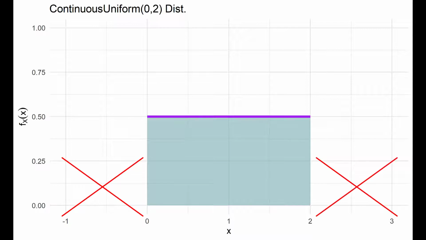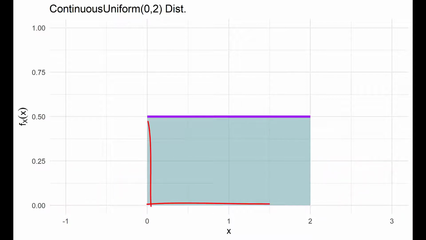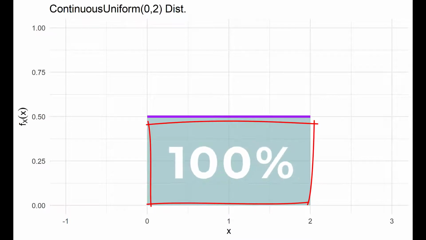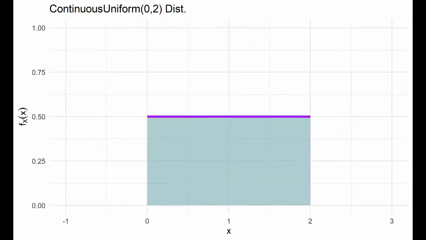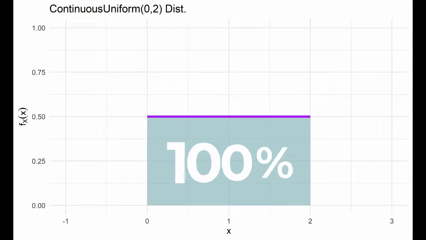In this infinite possibility world, probability is represented by area underneath the probability density function. For example, the area of the shaded region is 1, or 100%. That means that the probability of a realization of x being between 0 and 2 is 100%.